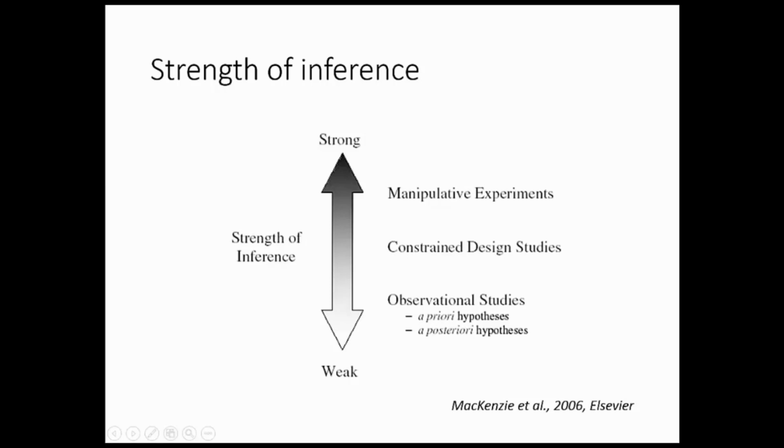However, there's an important distinction to be made between a priori and a posteriori hypotheses. So when we think hard about the objectives and hypotheses and predictions, and do that up front, we limit the possibilities that we will consider on the back end of the study.